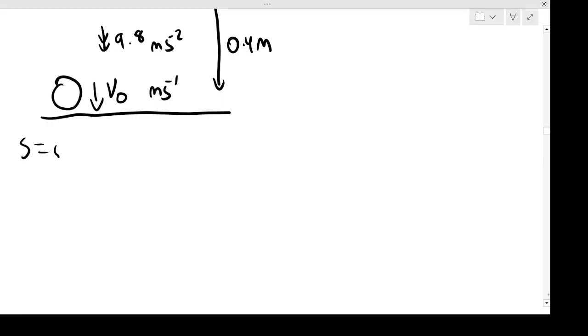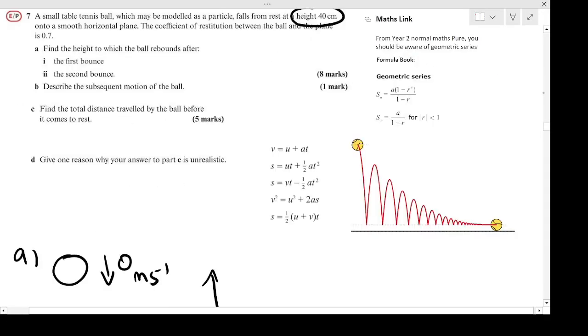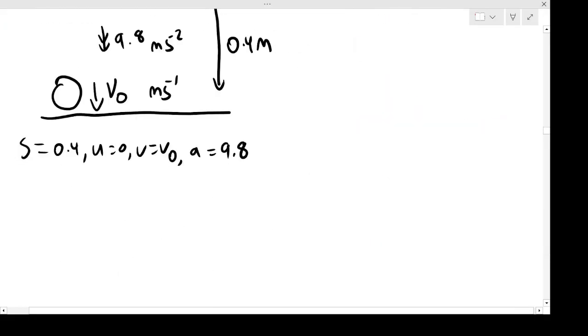So S is going to be 0.4, U is going to be 0, V is v0, and A is 9.8. I don't know about T and I don't care about T. I can work out V here. If I look at my SUVAT equations, I'm going to use V squared is U squared plus 2AS. That doesn't include T.